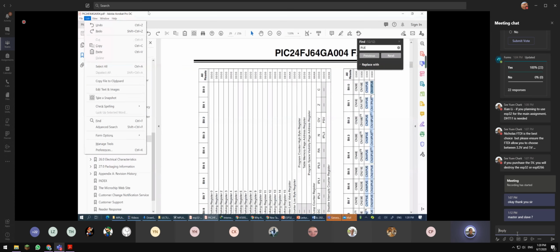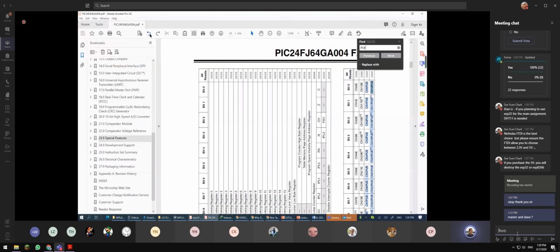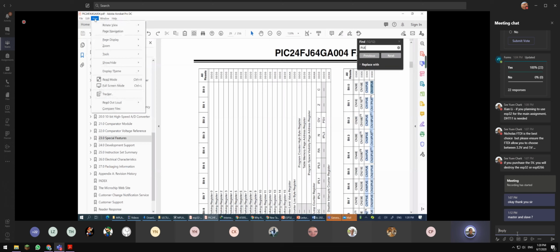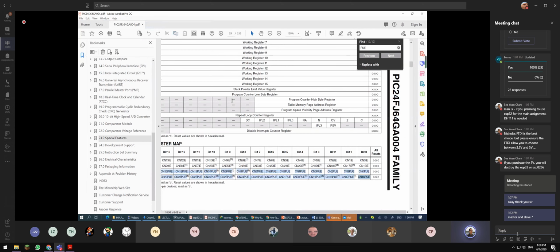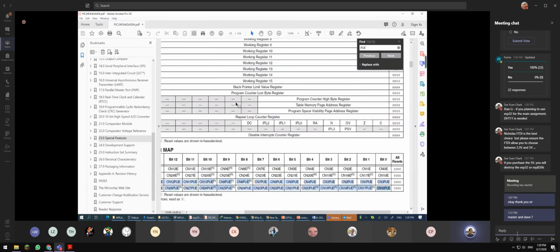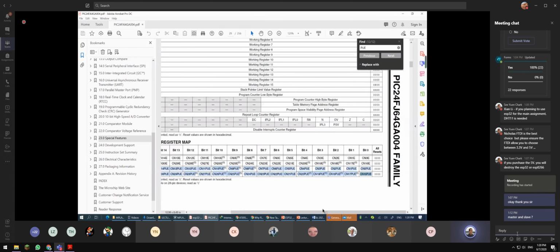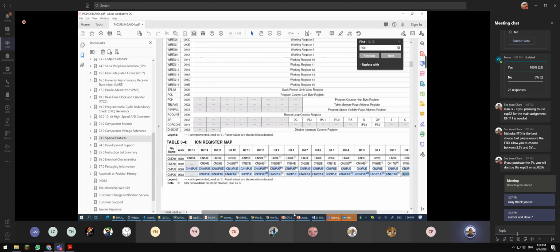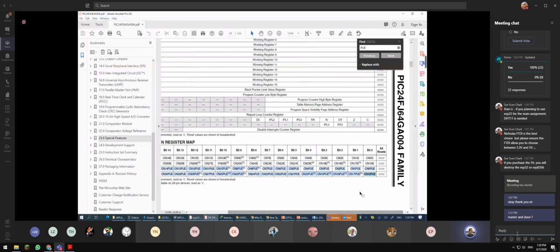So here are all the CNPUE registers. They have 15 pins, CN0 until CN16, CN30, 29, 28.